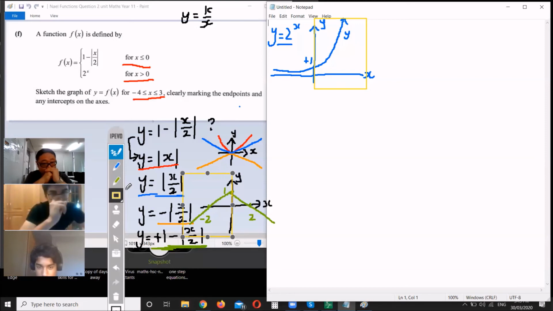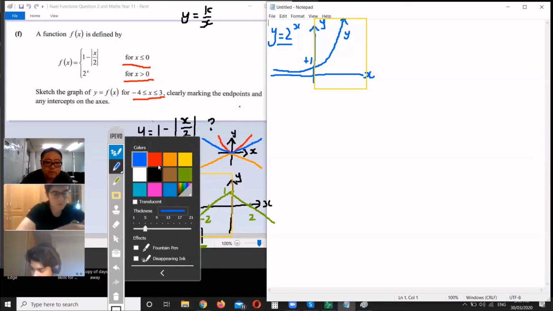Oh wait, no. The domain is x greater than or equal to -4 and less than or equal to 3. So we need to find the endpoints.